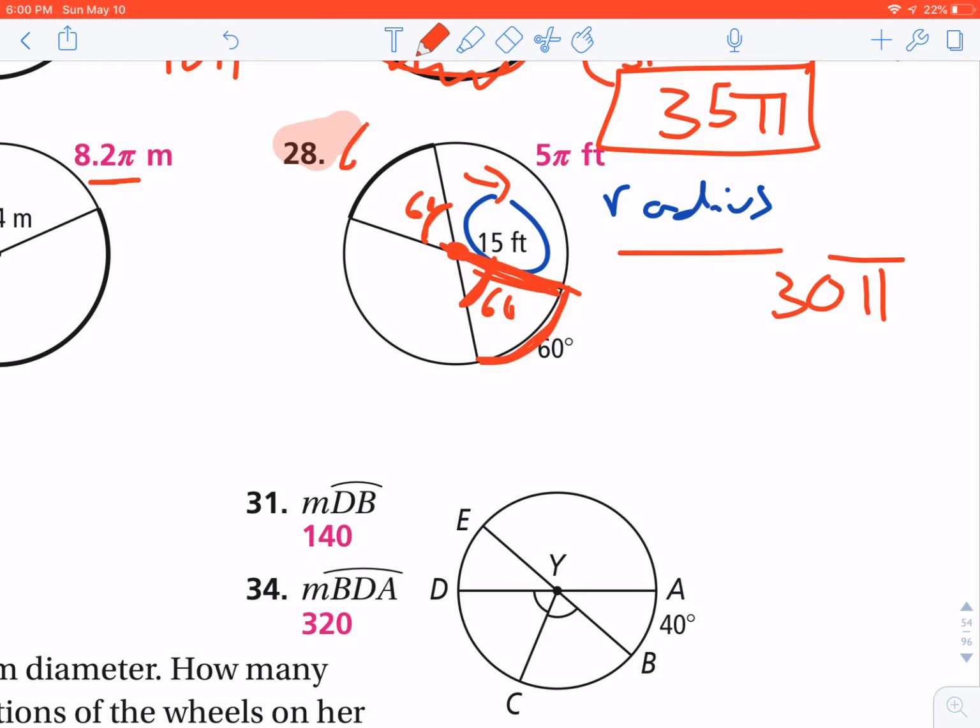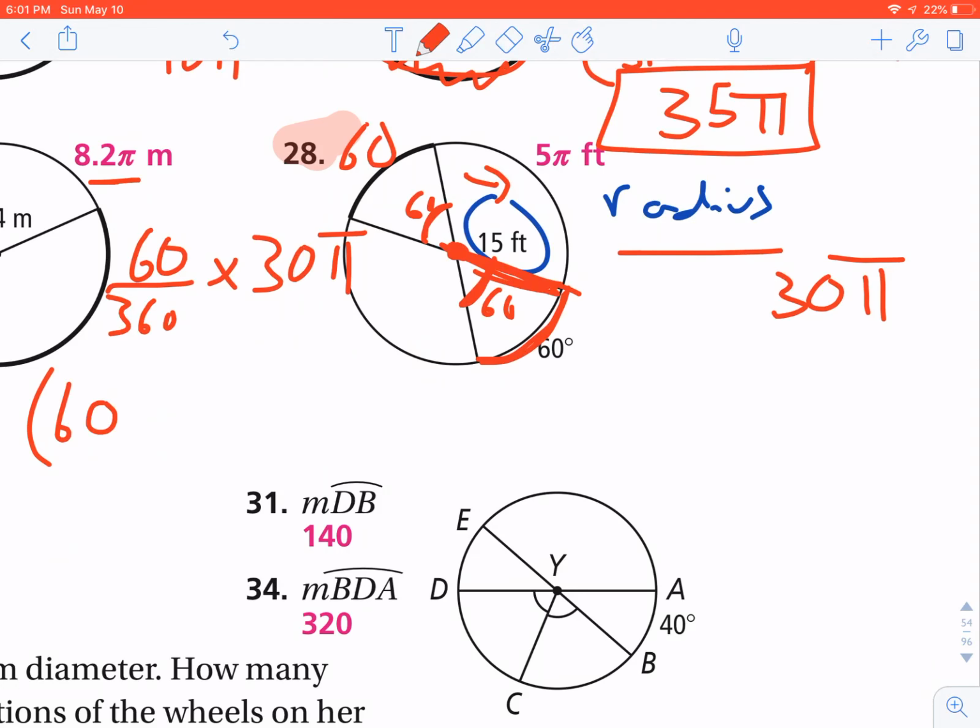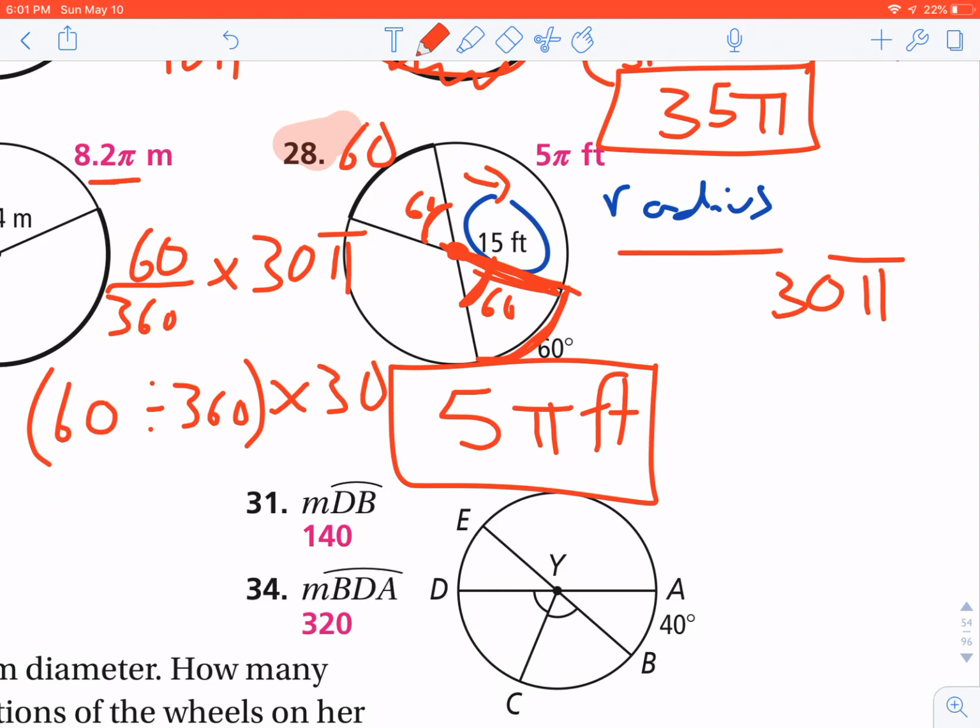Therefore, this arc measurement is also 60 degrees. So you want 60 degrees out of the full 360 times your circumference of 30 pi. Okay, and your calculator just simply parenthesis, 60, division button, 360, times 30, you hit enter, it should spit out 5, and you attach pi there on the end.